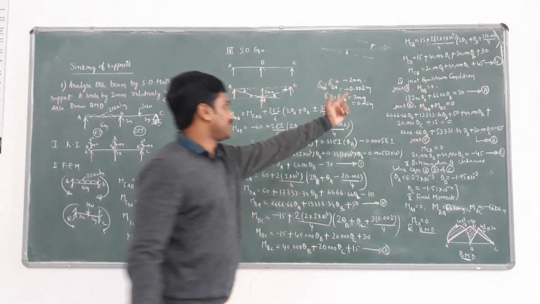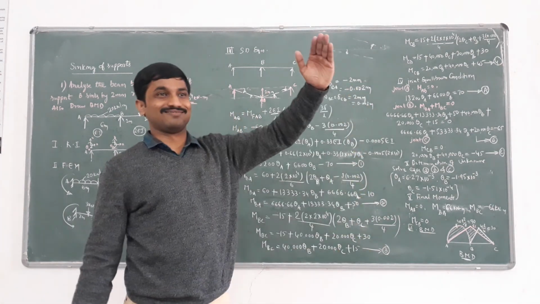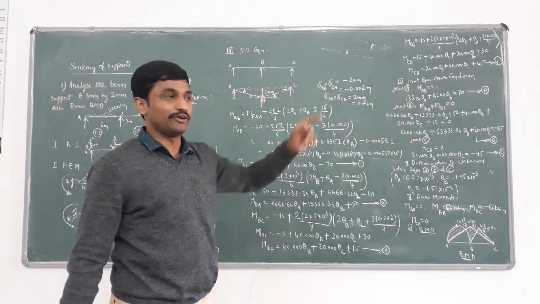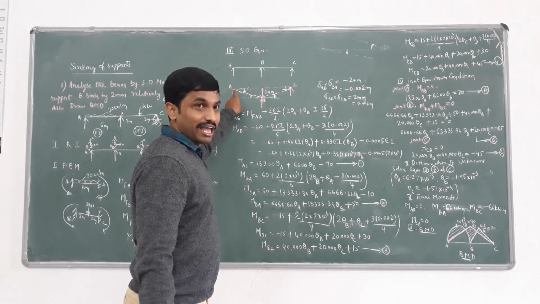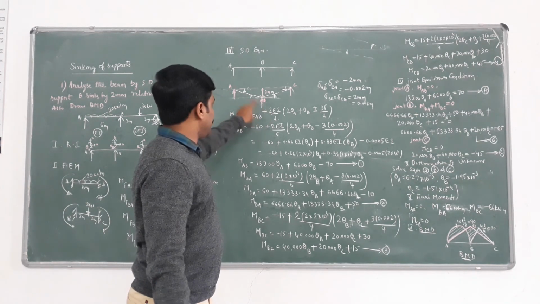Clockwise. That's why negative. Why is it negative? It sinks below the baseline. Above the baseline is positive, below the baseline is negative. You observe the beam with respect to A, it is below, negative. So AB and BA both are negative.